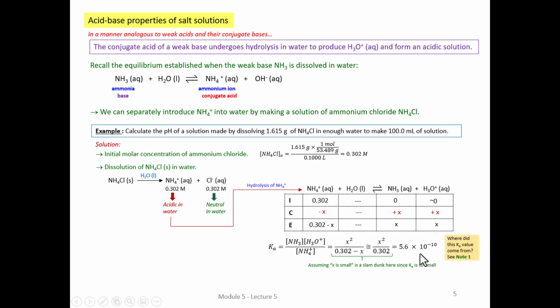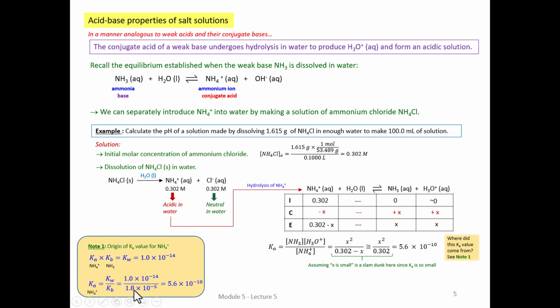Because I'm not sure you're going to find it on a table that's accessible in your textbook or on the lecture slides necessarily. So let's find out how we got the Ka of the ammonium ion. Well, recall that the Ka of an acid times the Kb of its conjugate base has to equal Kw, 1 times 10 to the minus 14, at least at 25 degrees C. So here the Ka of the ammonium ion times the Kb of ammonia has to equal 1 times 10 to the minus 14.